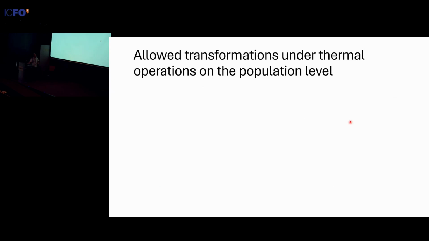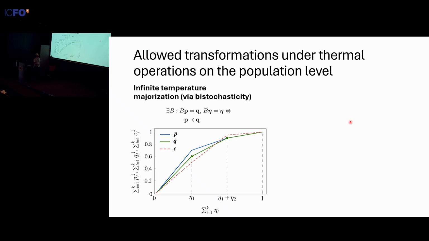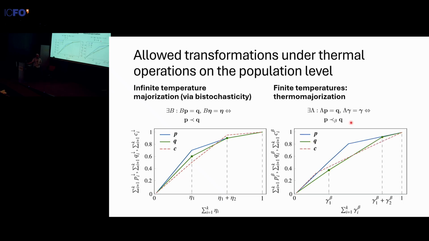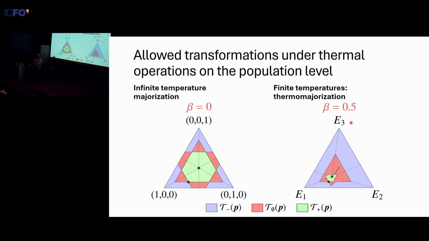This allows, at least in the single system story, to think about majorization as governing the state transitions, which is simply stating that P can go into Q if its cumulative populations are fully above the target state, and has a simple counterpart for the finite temperatures in form of thermomajorization, which can be thought of also fully geometrically in terms of probability or population simplex.